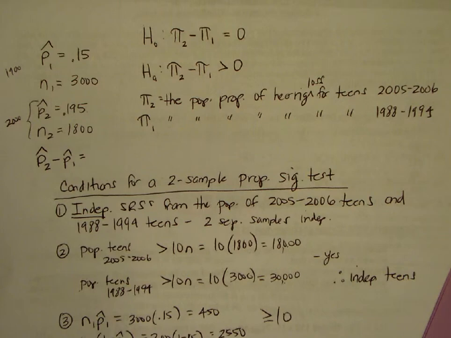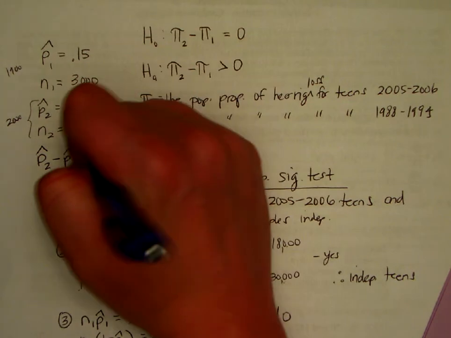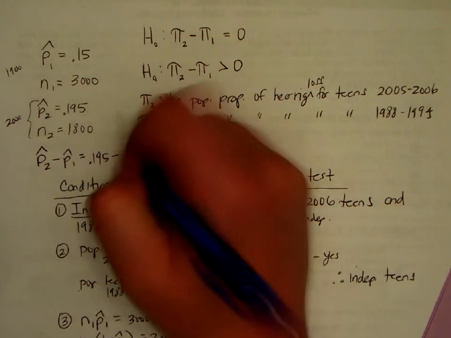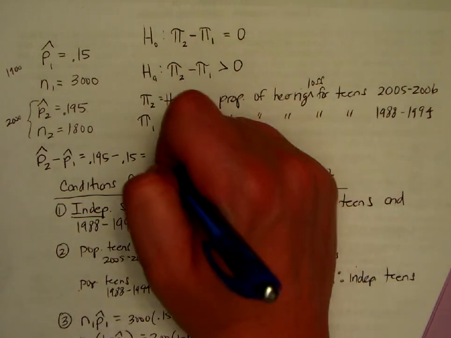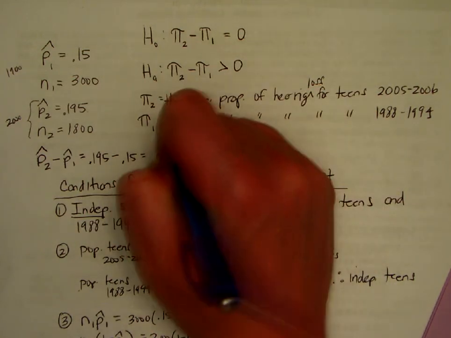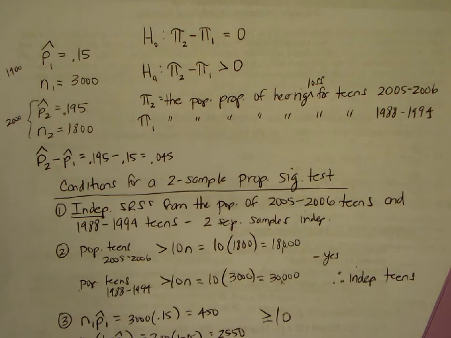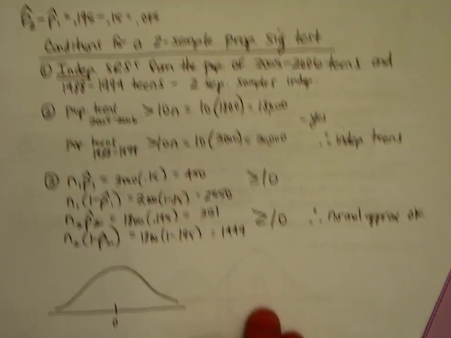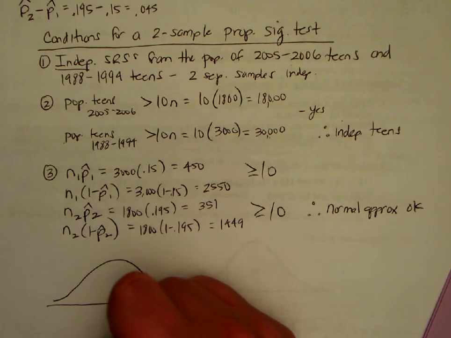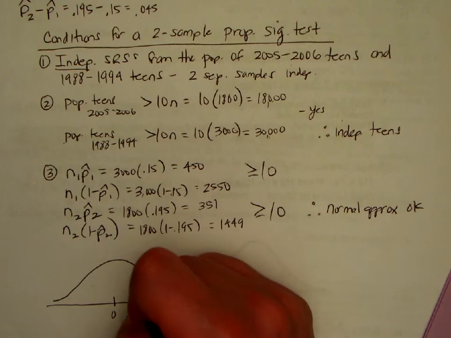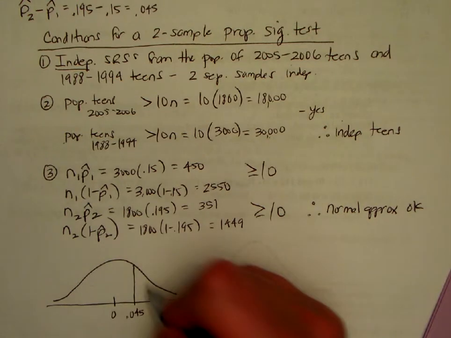So 0.195 minus 0.15 is equal to 0.045. So I come down here, and that's what's going to go on the curve, 0.045. And I'm shading greater than, because that's what my alternative is.